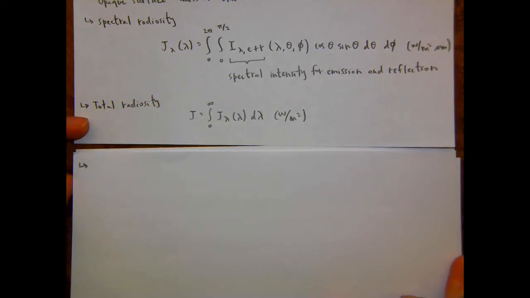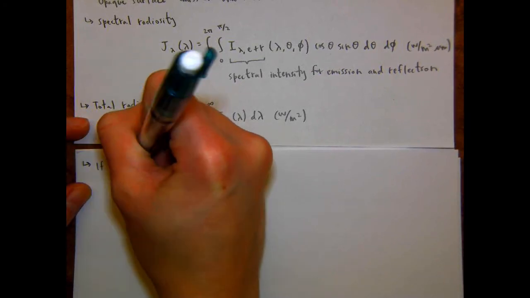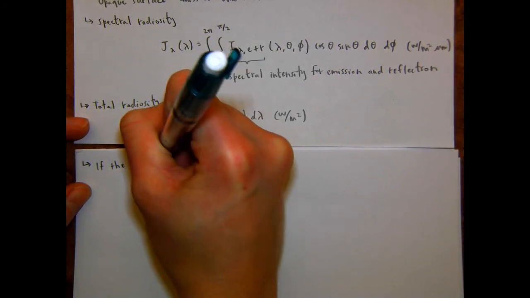And then finally, for radiosity, we're considering emission and reflection. So for the diffuse case, the surface has to be both a diffuse emitter and reflector.